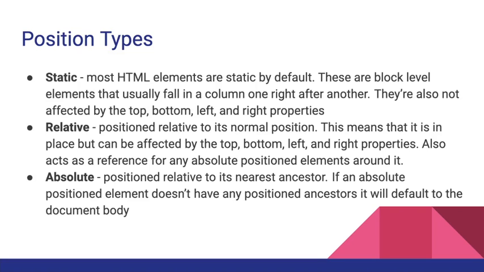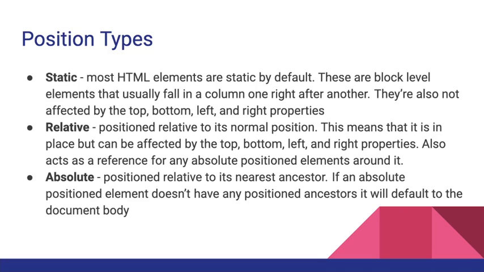So the next one is relative positioning. A relatively positioned element is positioned relative to its normal position. That means that it's in place, kind of like a static element, but it can be affected by the top, bottom, left, and right properties. So if you have a div that is positioned relative and you put in top 30 pixels, whatever, it will come down 30 pixels.